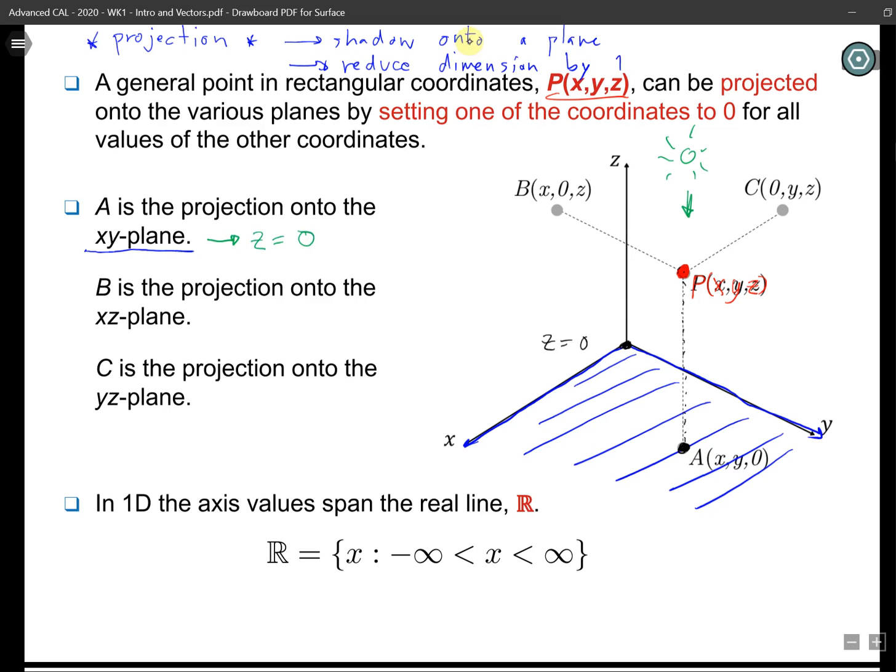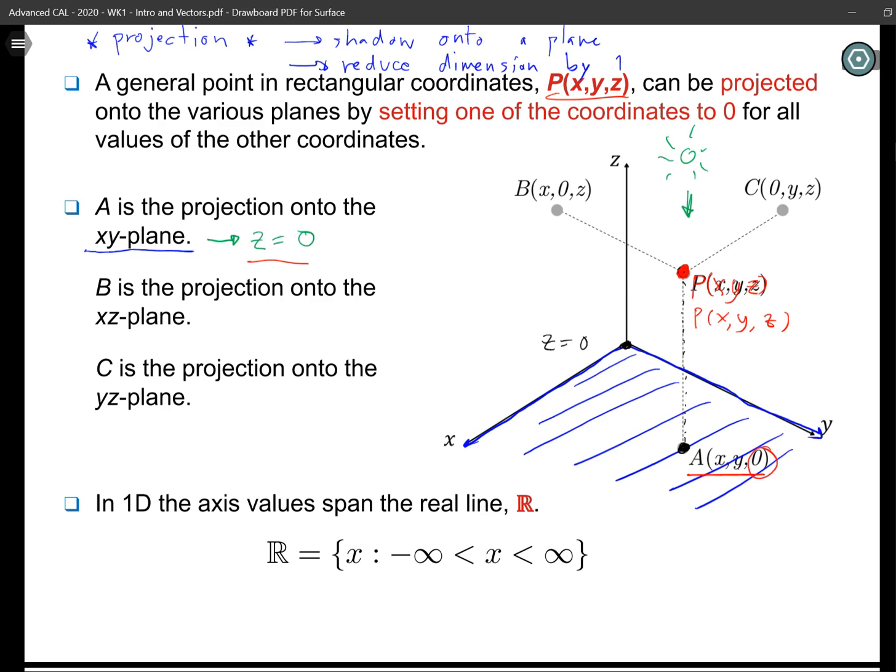Alright, so what this means is that instead of having, well, I'm going to write it right here, sorry for the mess, x, y, z, once this point is projected onto xy plane, we are going to have this, and that's why we have this point A right here, x, y, and 0.